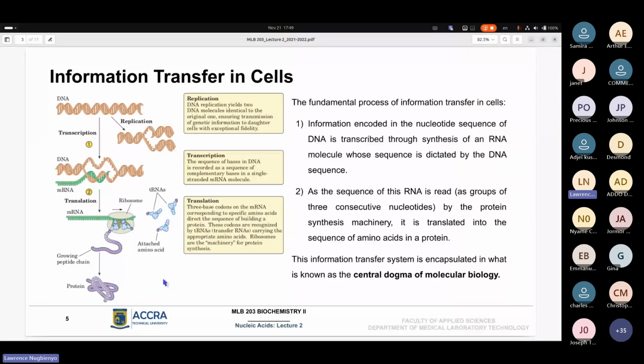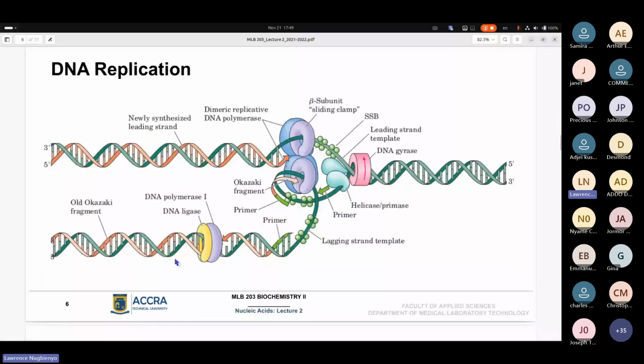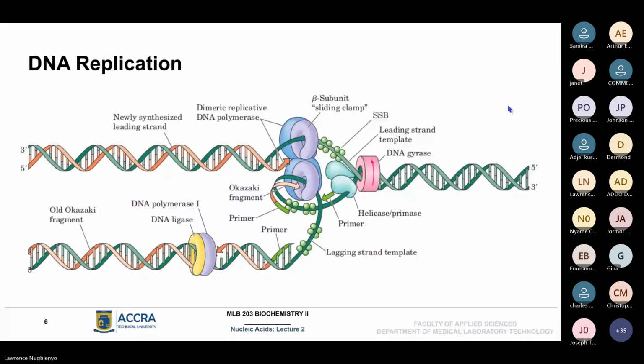Now we can look at these processes in much more detail. If we look at the very first process, the process of replication, for instance, you saw in the video what was referred to as a replication fork.